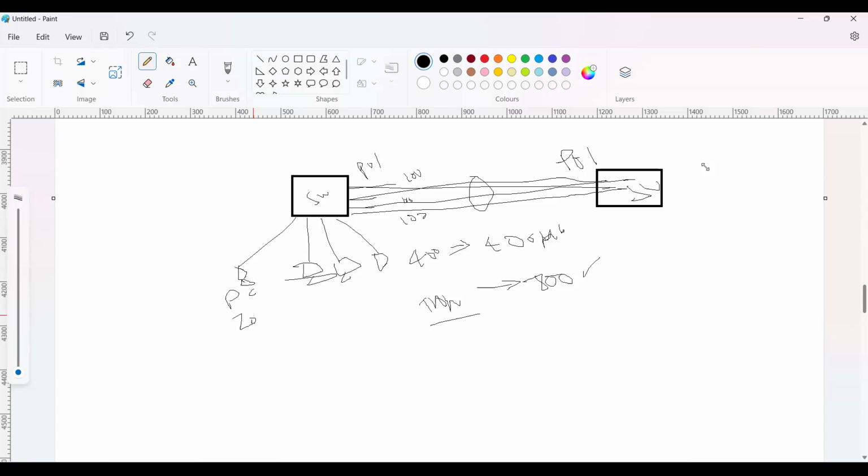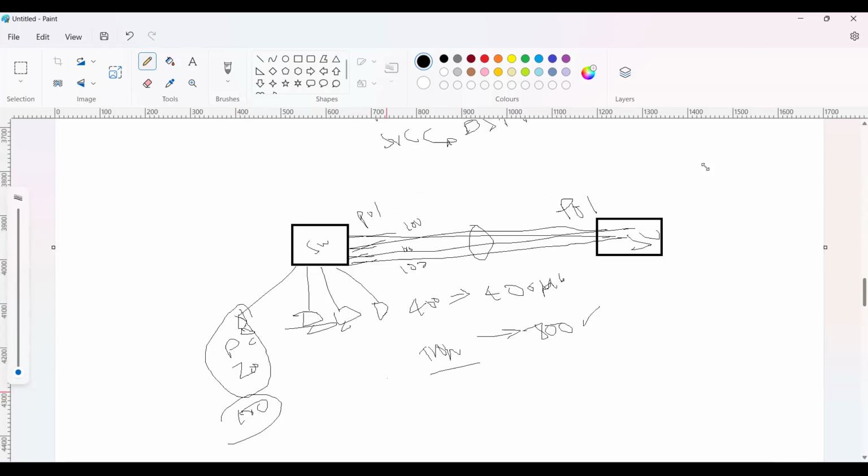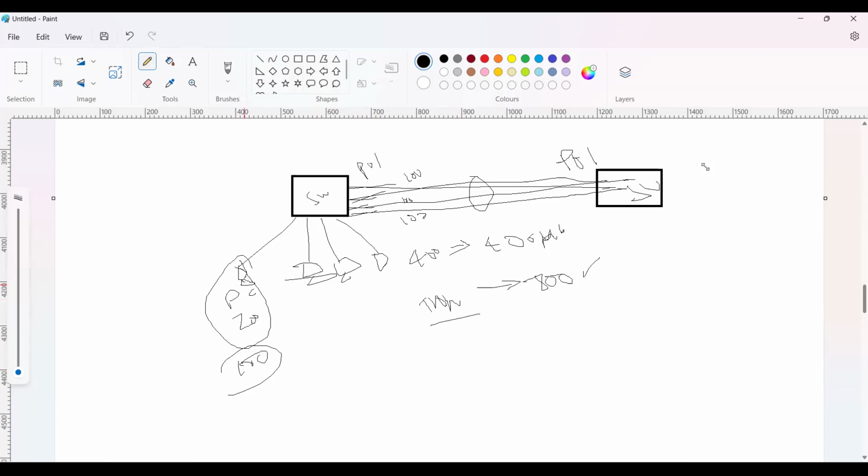Based on the MAC address, it will elect one path and send the information through that link all the time. This one will select one path, and that one will select another path. If we have 4 paths, every user gets a speed of 100 Mbps. This is a load balancer. It works that way with the IP address too: based on the IP address it will elect the path, and also based on the port number.